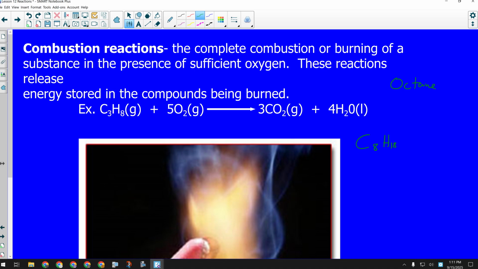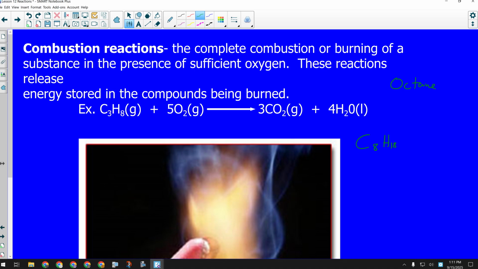You used to be able to convert an internal combustion engine from octane to propane. You just had to carry around propane tanks. But they lost a lot of power when you did that because propane doesn't release as much energy for the same amount of fuel. So they wouldn't have as much power. All right, so this would be octane, C8H18. There's all kinds of other ones, and we'll go over quite a few of them as we go along.